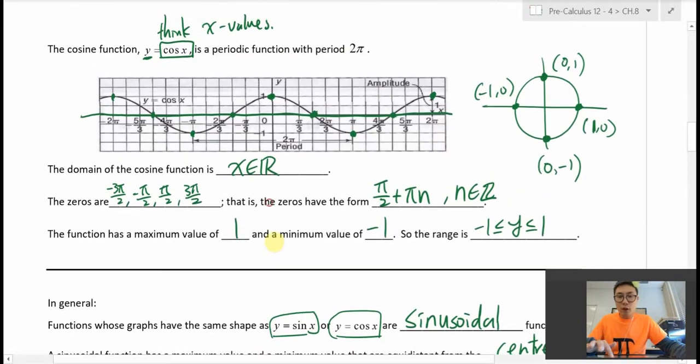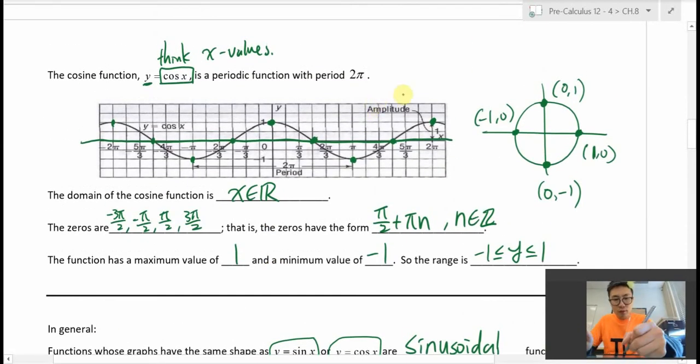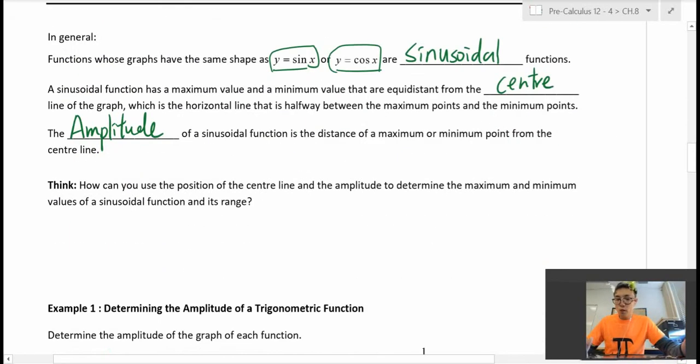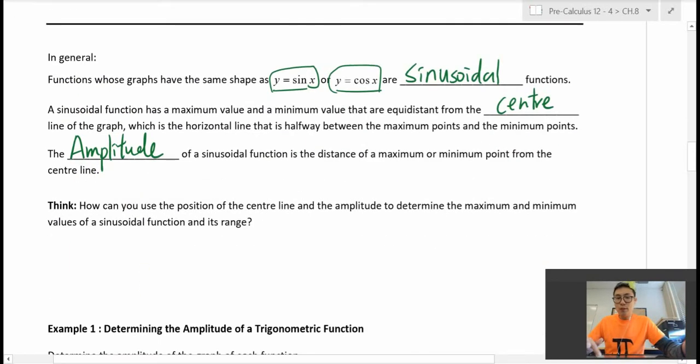You can see from this graph, here it says amplitude right there. Amplitude is simply the distance from either the maximum or minimum to the center line. You can see here the distance is 1. This also has a distance of 1. So amplitude is simply the vertical distance from the maximum to the center line, or center line to the minimum. It's the halfway point.